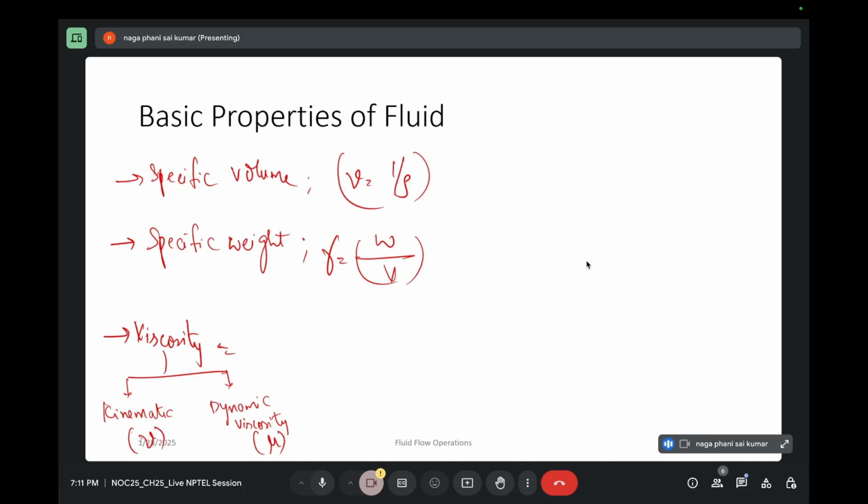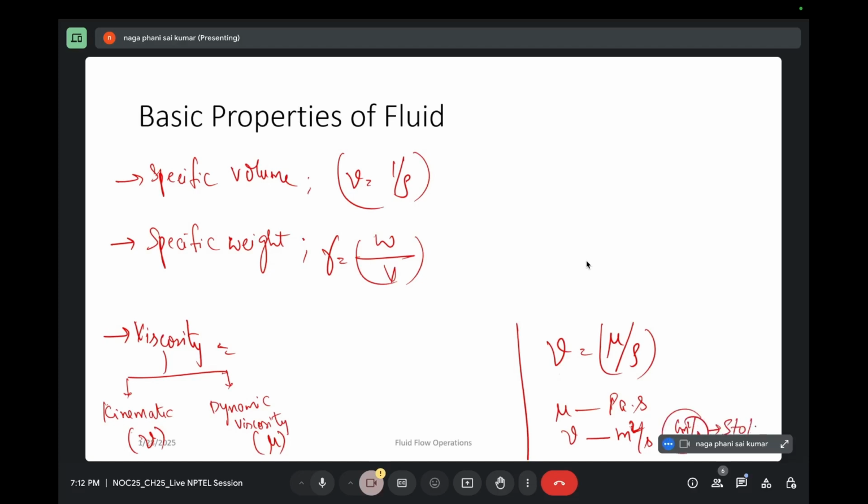Kinematic viscosity is dynamic viscosity upon density. Accordingly, you can calculate the units. Mu has units of Pascal second, and the kinematic viscosity has units of meter square per second. In the CGS system, it will be centimeter square per second, and this is also called Stokes.